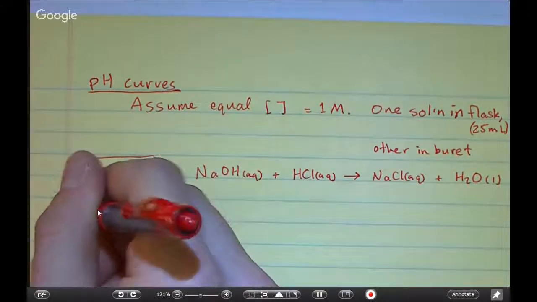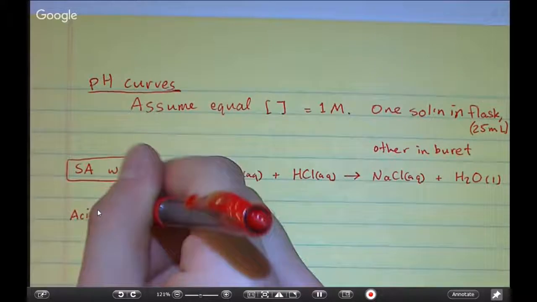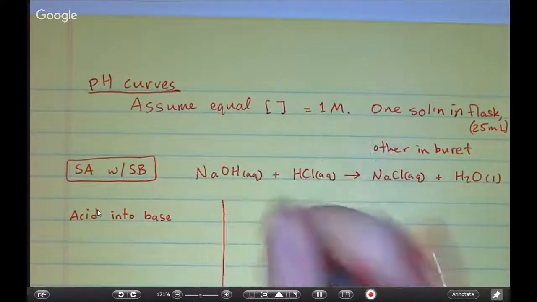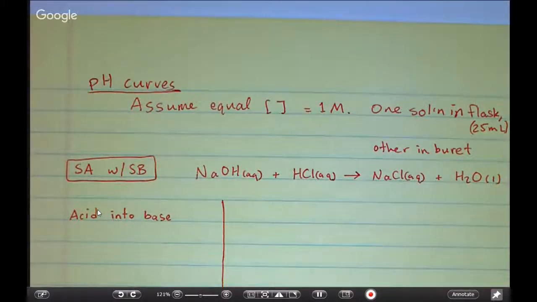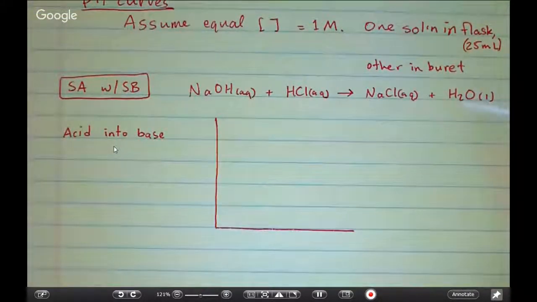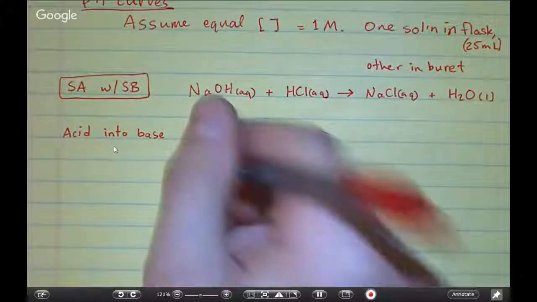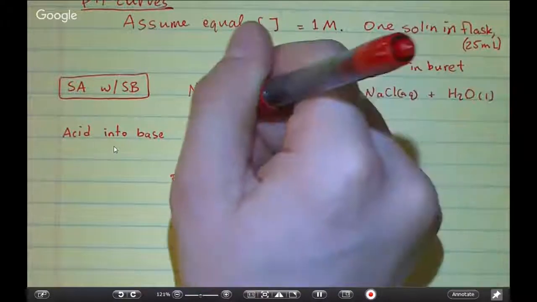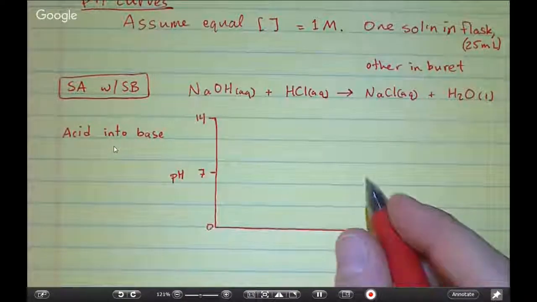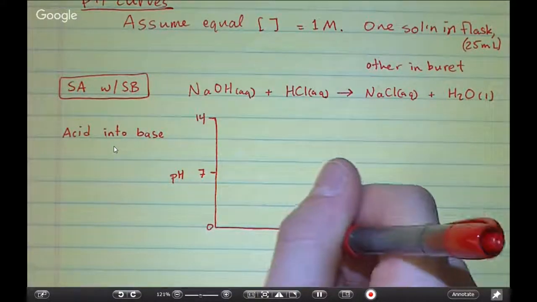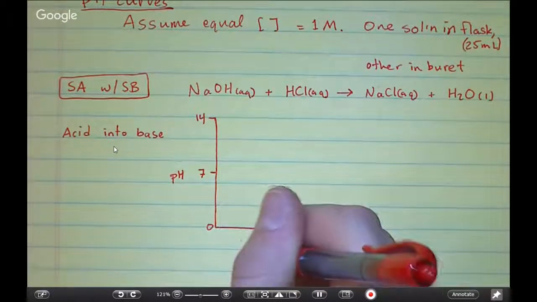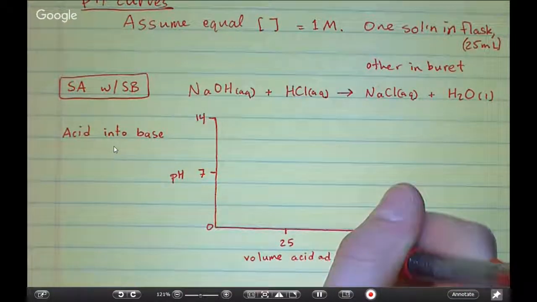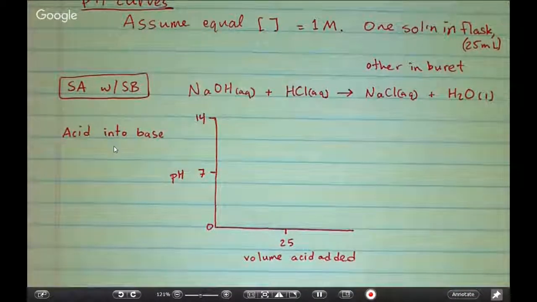So let's do this from the point of view of adding acid into base. Our y-axis is going to be pH, and our x-axis is the volume of acid added.